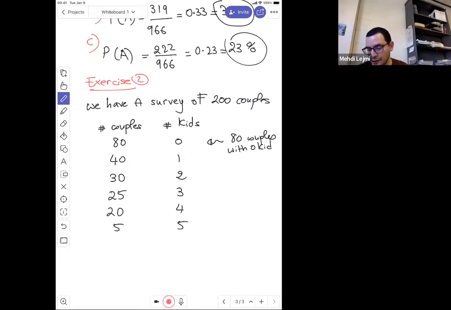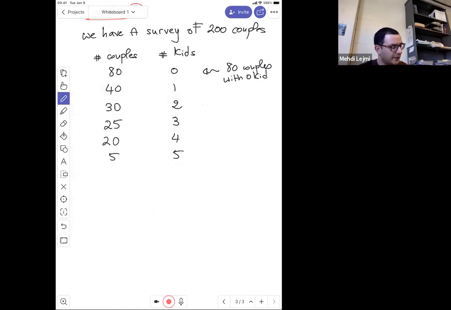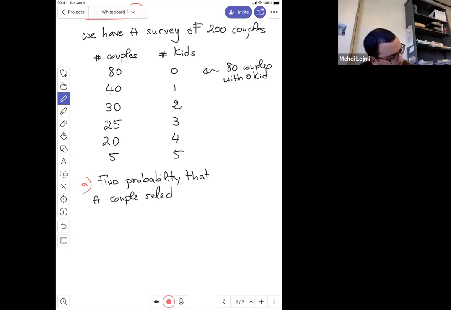All right, guys. So we need to find the probability that a random couple, a couple selected at random, A: find the probability that a couple selected at random has 3 kids.